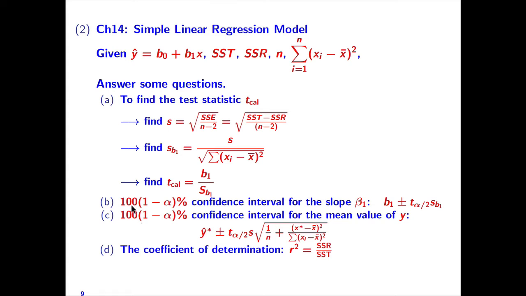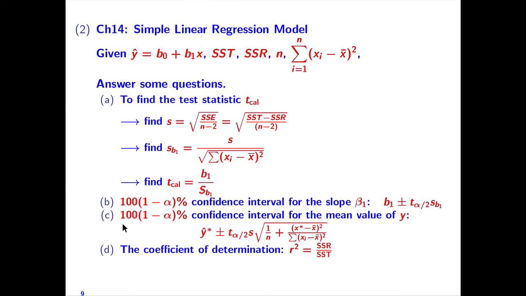So for the confidence interval, this 1 minus alpha % confidence interval for the true slope beta 1 can be computed by this equation. It's b1 plus or minus t of alpha over 2, that's your critical value, times Sb1.